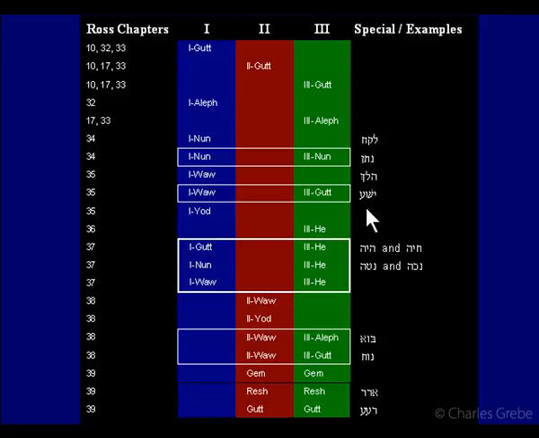No big surprise. And that's basically what we're going to find here as well. You're going to find verbs that look like one type on one end and another type on another end. And some of them get pretty messy. So that's why Ross has a chapter by itself for these doubly weak verbs.